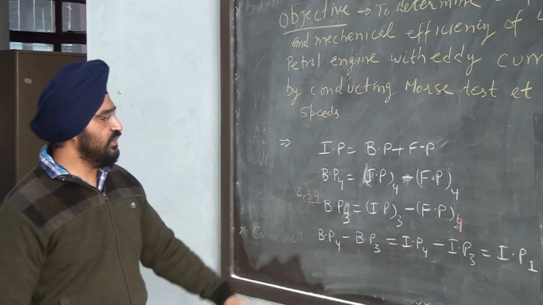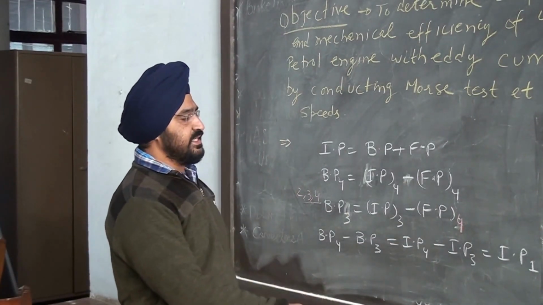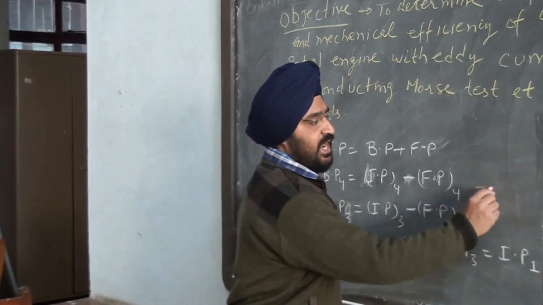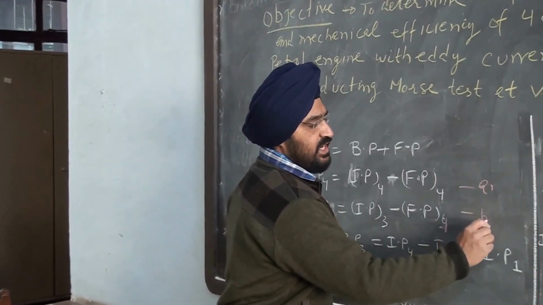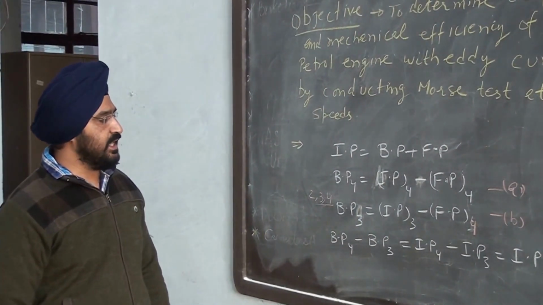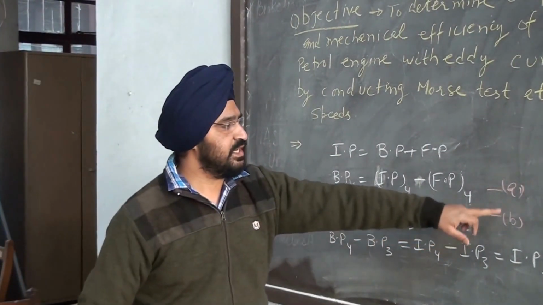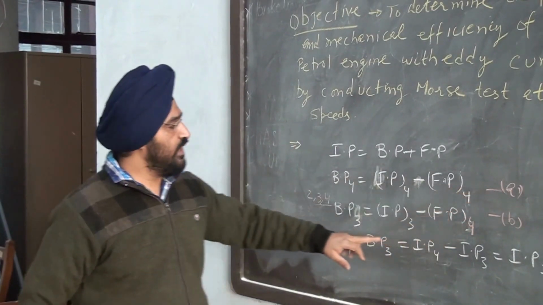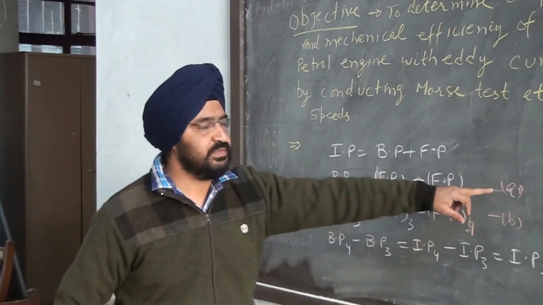Now we have two equations with us. Let's call them A and B. We will subtract the B equation from the A equation.